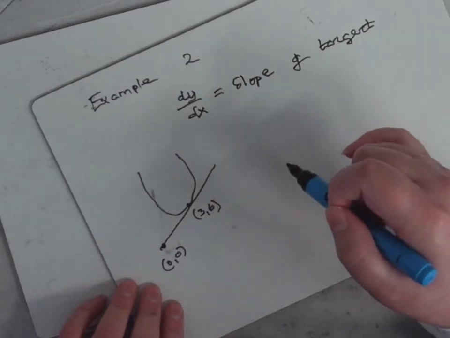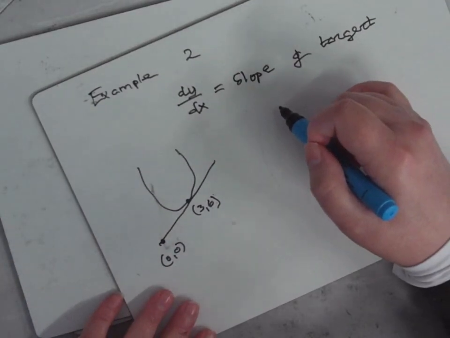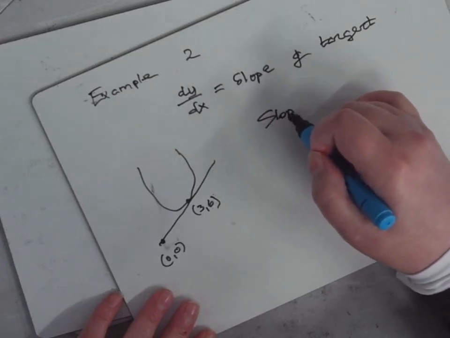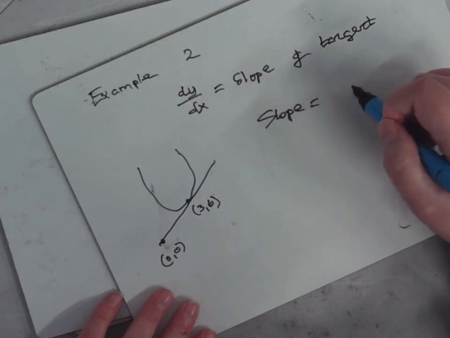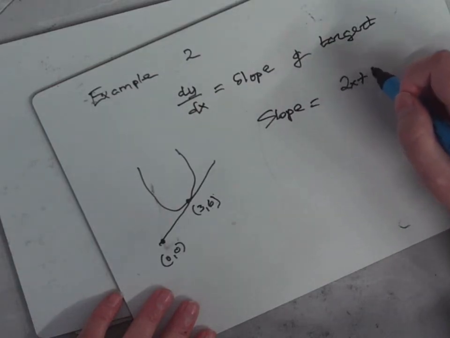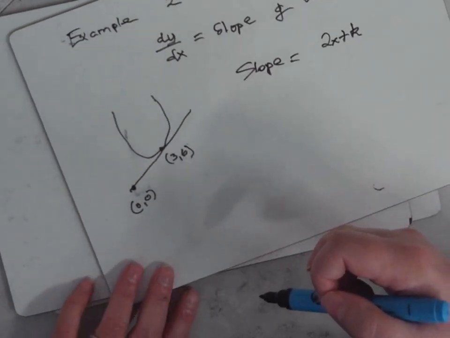And they tell me dy dx equals 2x plus k, so that's another way of telling me the slope of that line is equal to 2x plus k. Would you agree? That's another way of telling me the slope of the line is 2x plus k.